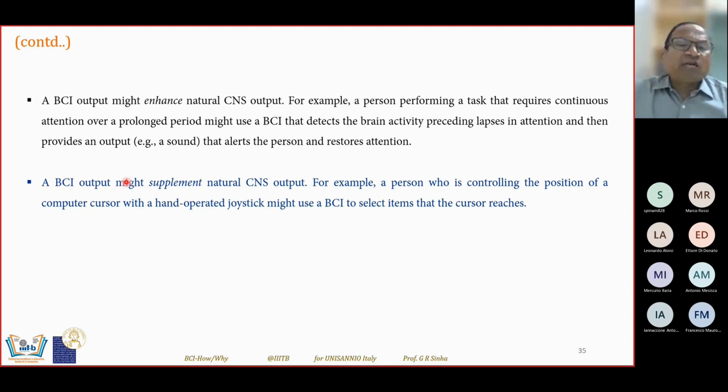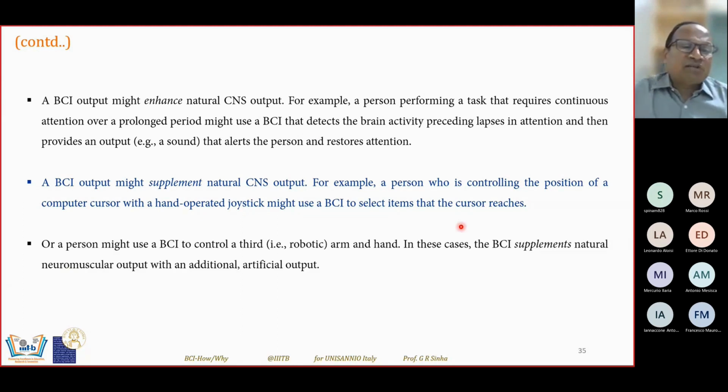The BCI output might also supplement natural CNS output. For example, a person who is controlling the position of a computer cursor with a hand-operated joystick might use a BCI to select the targets for the cursor. Same operation, no need to explain. Or a person might use BCI to control a third, robotic arm. In these cases, BCI is supplementing the natural neuromuscular output with an additional artificial output.